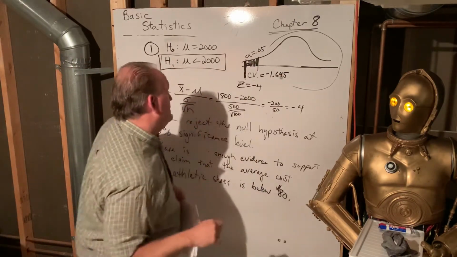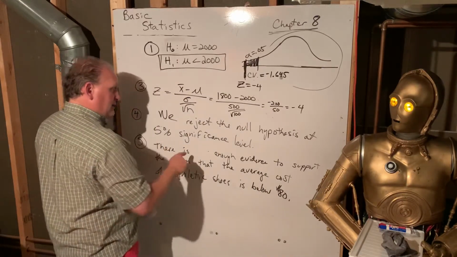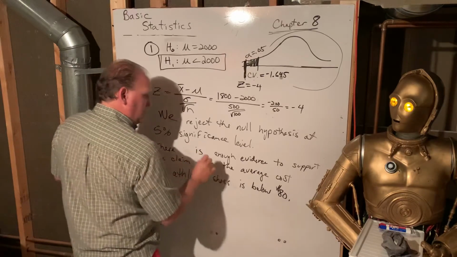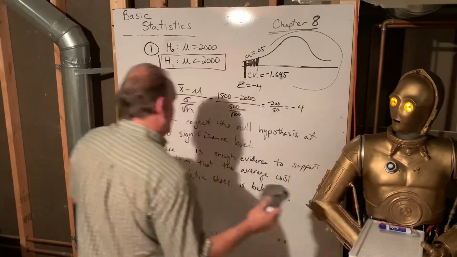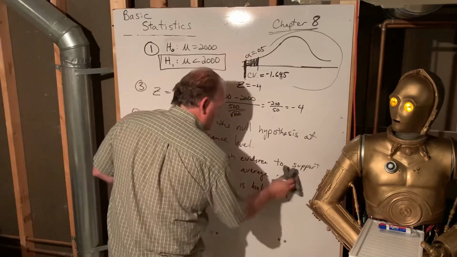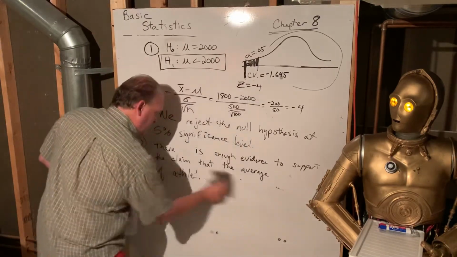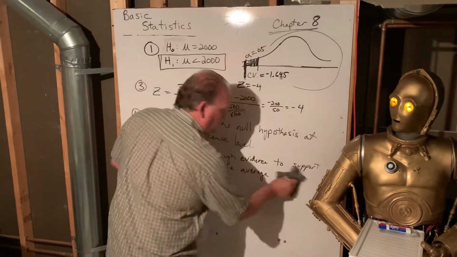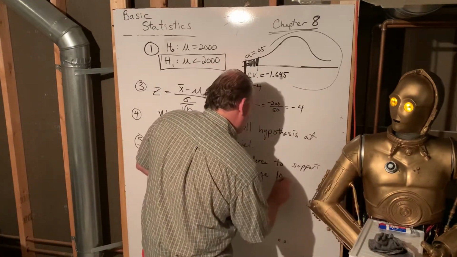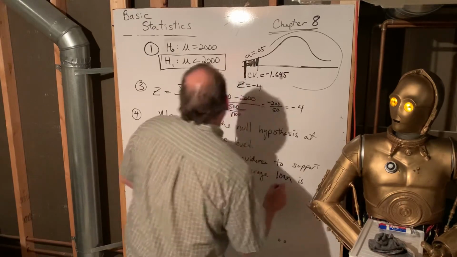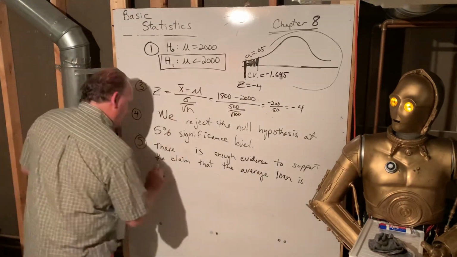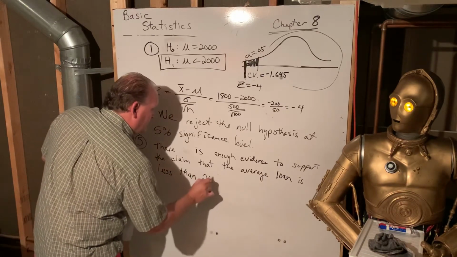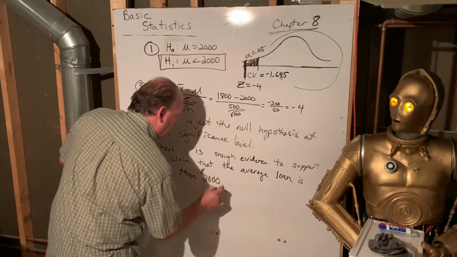So we reject it all and conclude that there is enough evidence to support the claim that the average loan is less than $2,000.